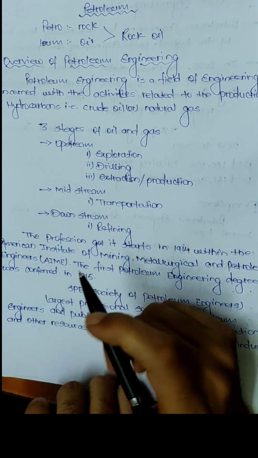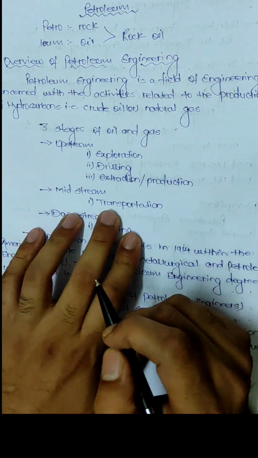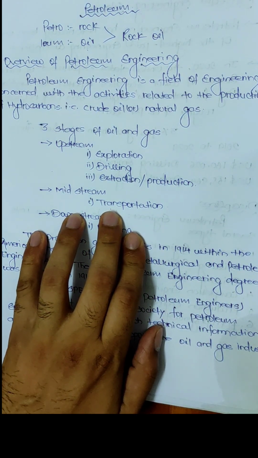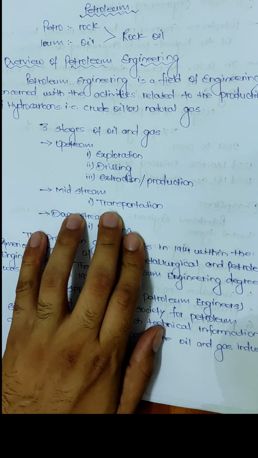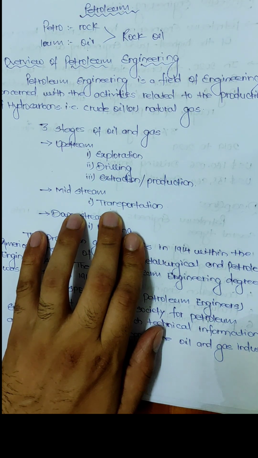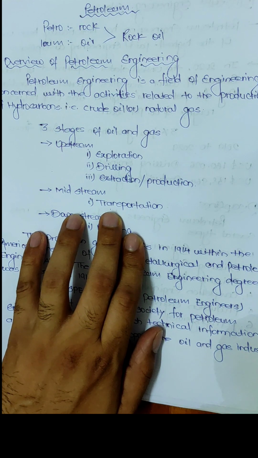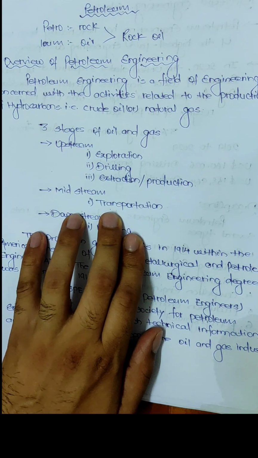Now coming to the midstream. Midstream is transportation. Suppose there is a rig in offshore, which basically means dealing with the water or the seashore. Suppose we are producing oil after drilling from offshore.